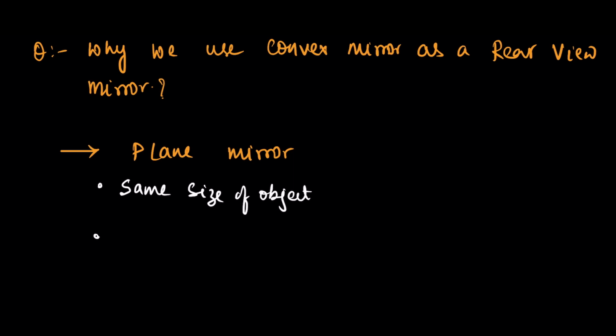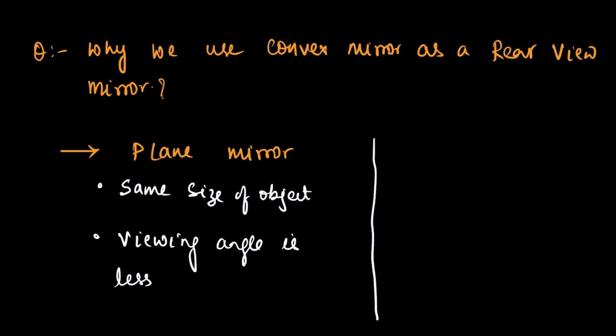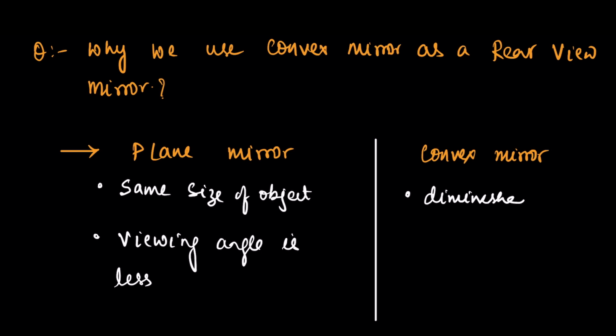Second, viewing angle is less in the plane mirror. I will explain this part also. But in the convex mirror, we get the diminished image and viewing angle is more.